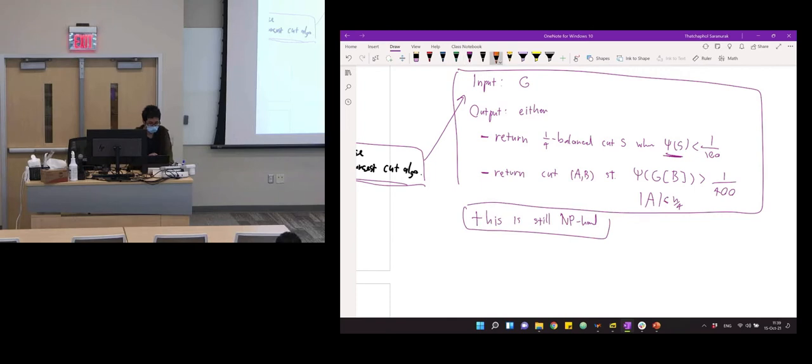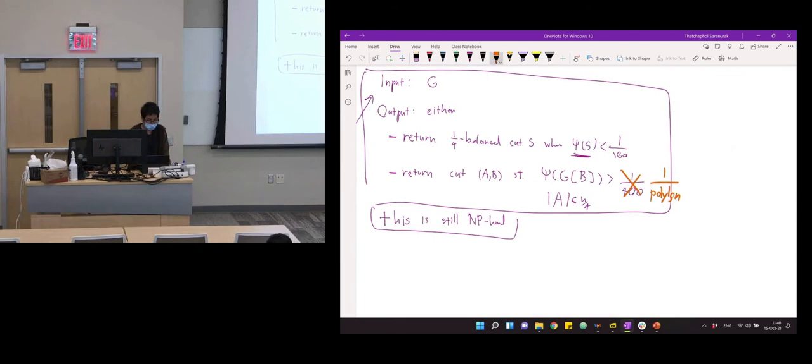But it turns out that if we allow this to be 1/polylog, then you can actually solve it in polynomial time, and actually in almost linear time.